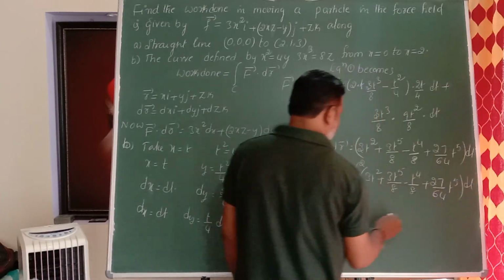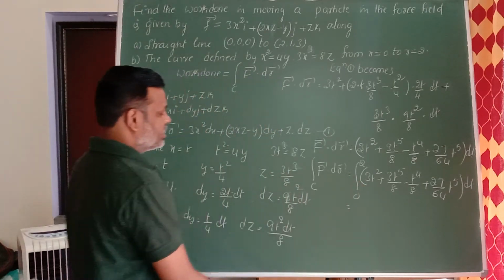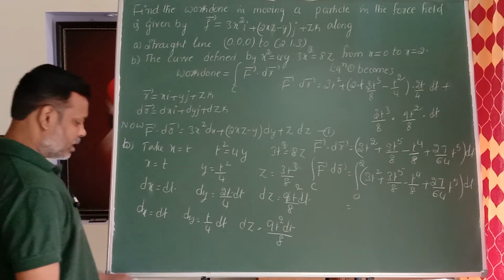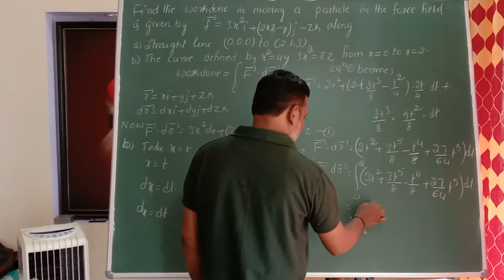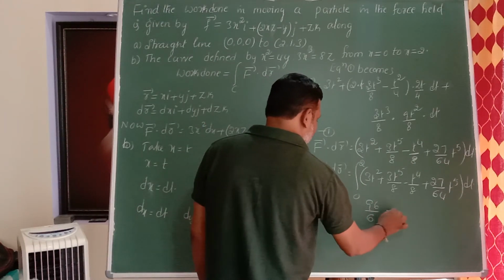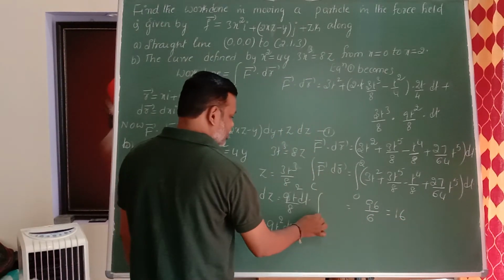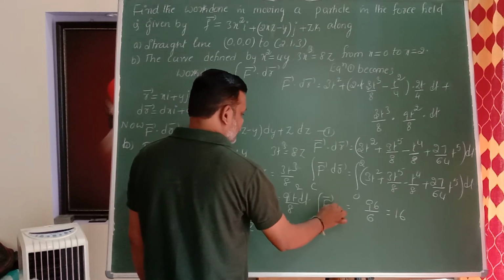After integrating and substituting the lower limit and upper limit, you will get 96 divided by 6, that is nothing but 16, that is the line integral over C of f dot dr.